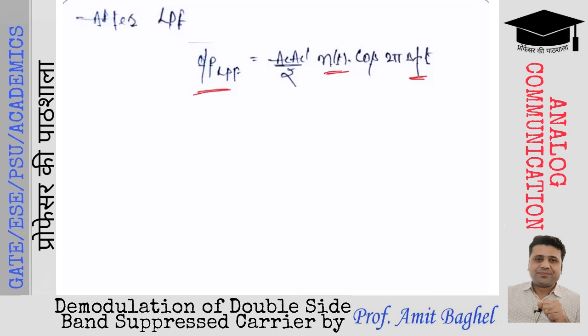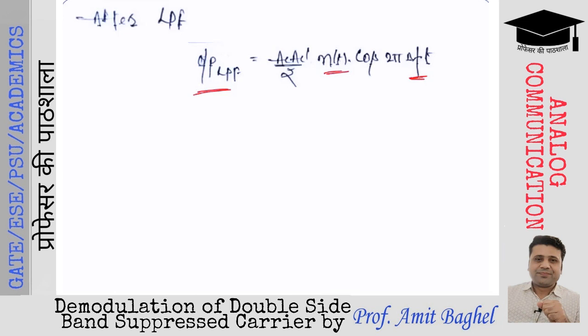So instead of receiving the value Ac dash by 2 m(t) when there is no frequency error in the local oscillator, now we are going to get the value of Ac dash by 2 m(t) cos of 2 pi del f t. What does it mean? It means even if the frequency error is constant, let's say any constant value of del f, cos of 2 pi del f t will always be a variable of time.